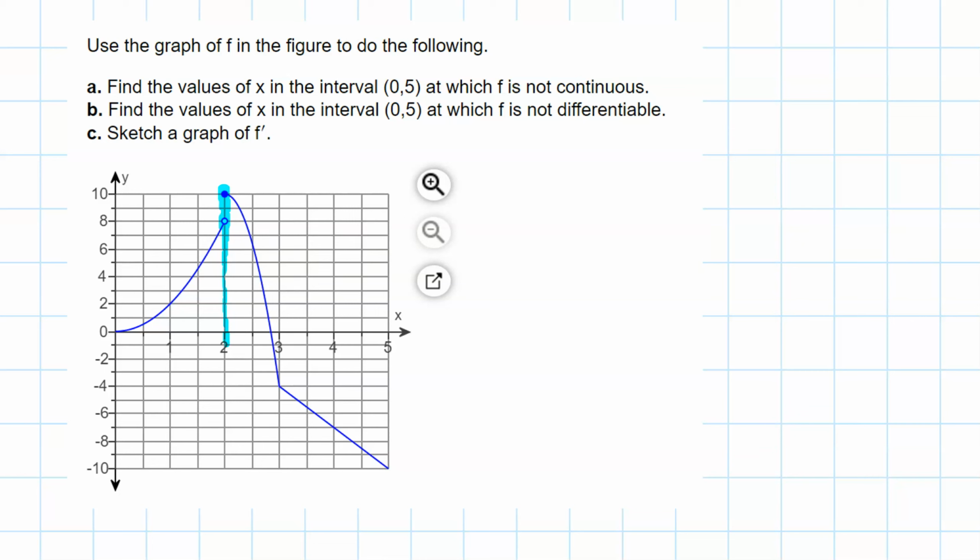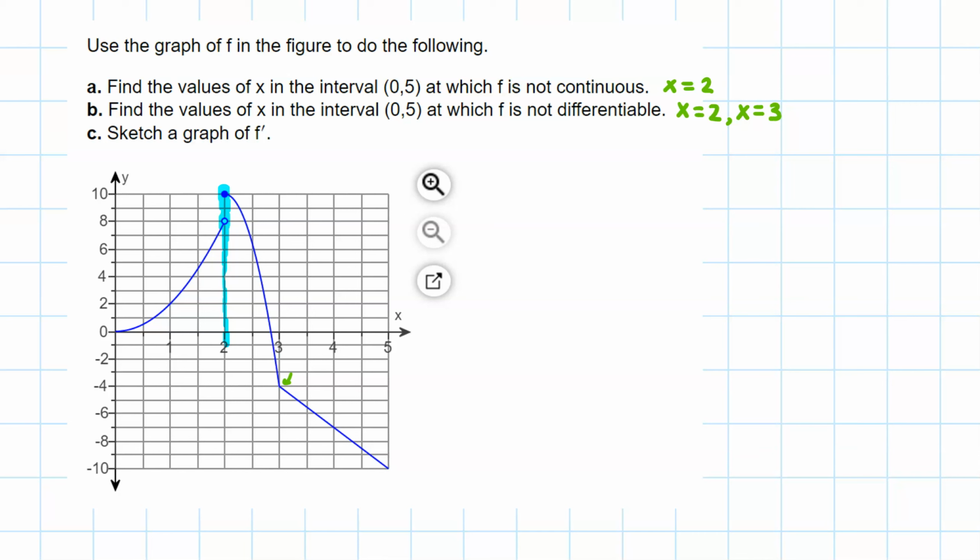But now, differentiable means that it's like a smooth curve. It doesn't have any corners or breaks. So where would it not be differentiable? Well, it's definitely not differentiable at x equals 2 because there's a break, but it's also not differentiable here because there's a corner. So that's x equals 3.